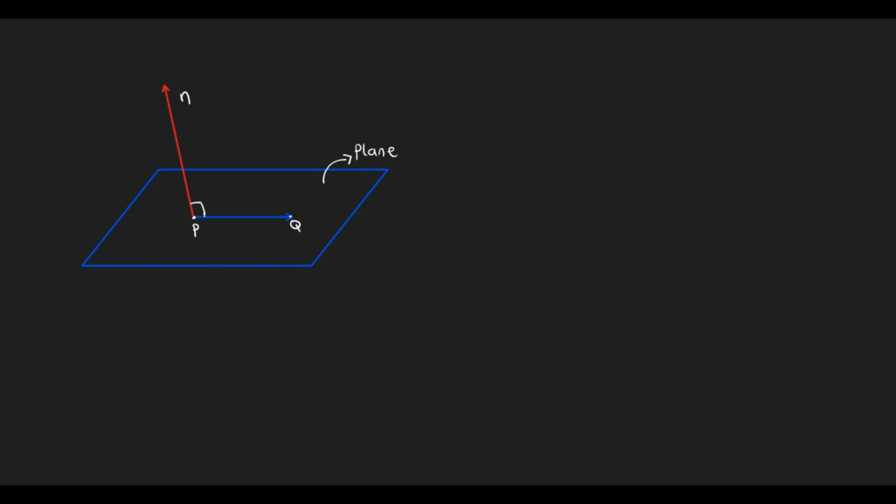So I'm going to generate a vector using these 2 points on the plane, point P and then Q. I'm going to name this vector as vector PQ, and then we have the normal vector n.